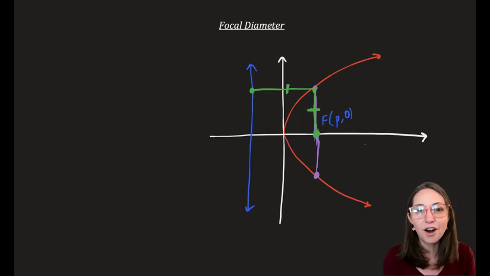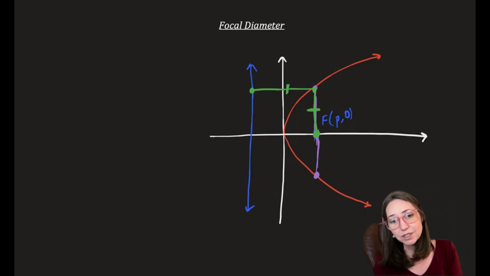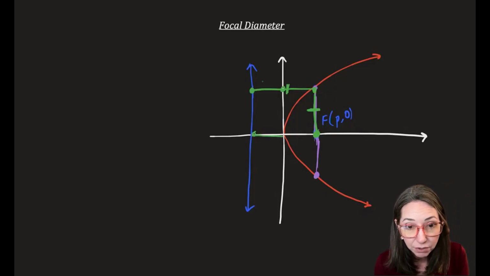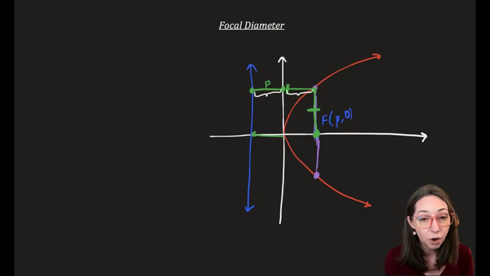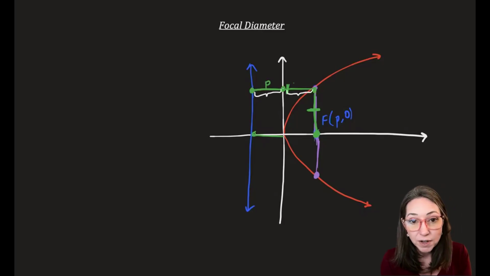It's a little difficult to hand draw the focus and get that completely correct, but imagine those two distances are precisely equal. Since we know that the distance from the directrix to here is P, and the distance from there to there is also P because the distance from the vertex to the focus is P, this total distance from the blue line to the red parabola is equal to 2p, which then means that this distance right there also equals 2p.